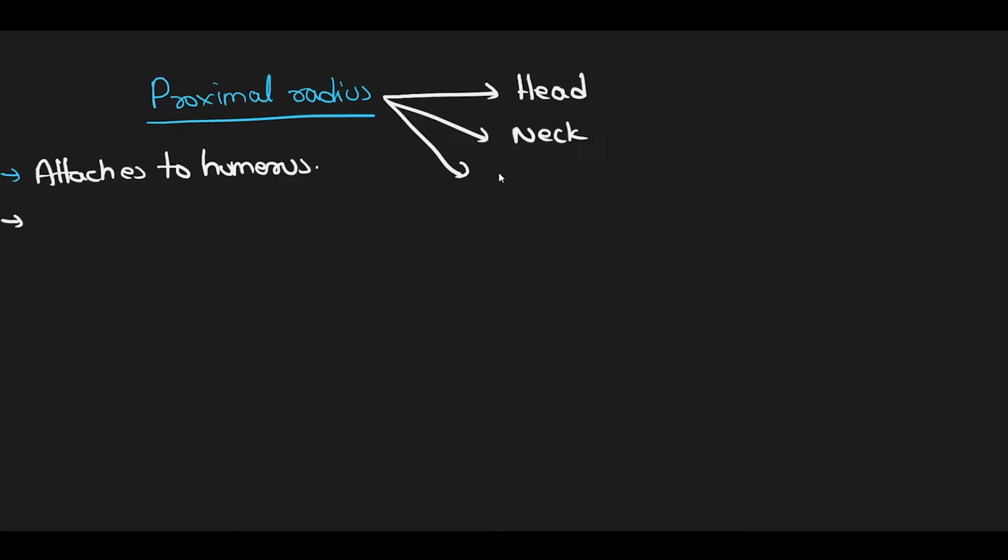When a muscle attaches to the bone, it attaches to a part called a tuberosity. This tuberosity is a rough part of the bone. So the third part is the radial tuberosity. So these are the three parts of the proximal radius.